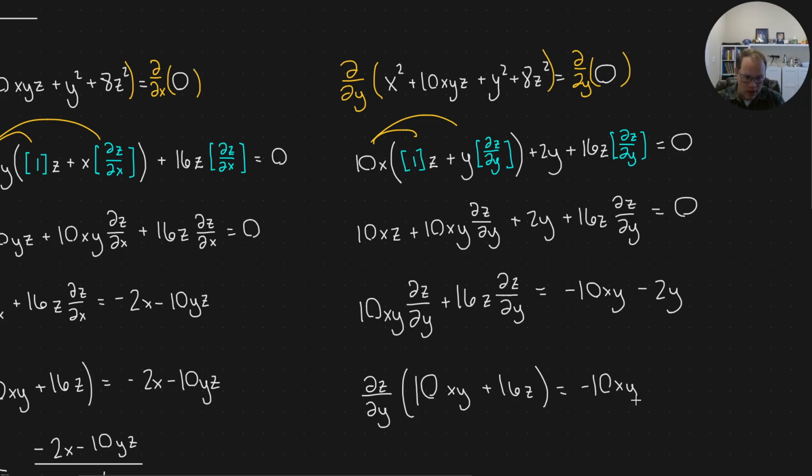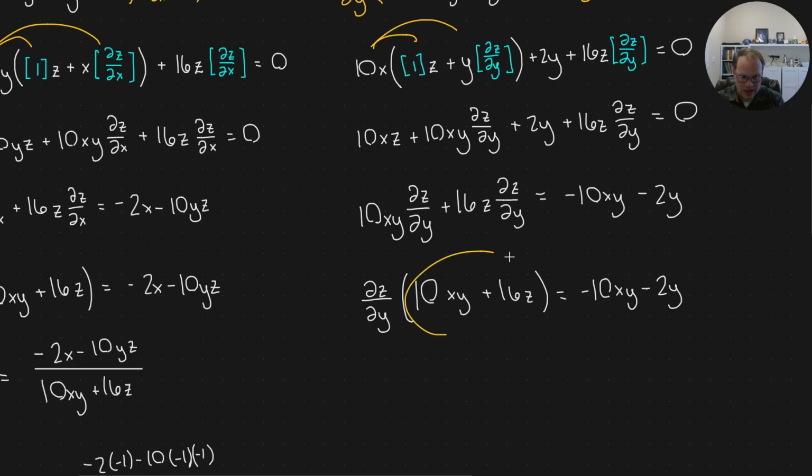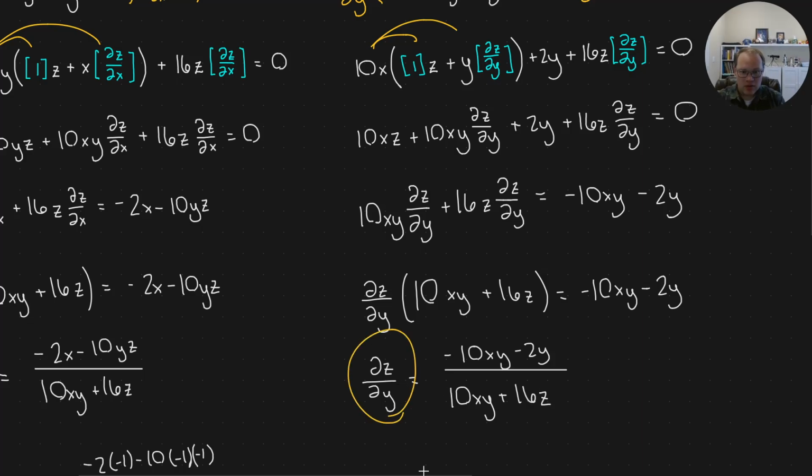I didn't change the right-hand side at all. It stays the same. And now divide by 10xy plus 16z to isolate the partial z partial y. So I have found the partial derivative of z with respect to y.